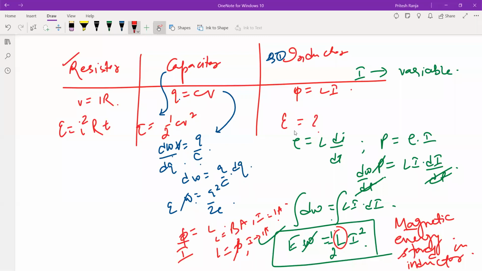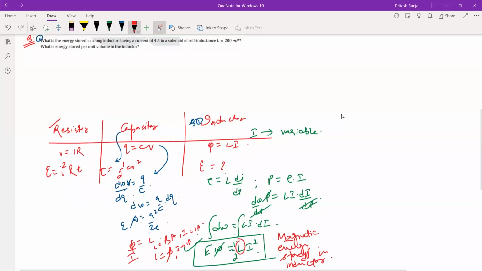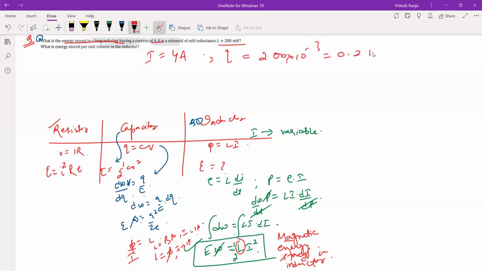If we use this, we can write the proof of self-inductance stored in an inductor. Let us use this. Now it says, energy stored in a long inductor having current, what is the current? 4 amperes. Self-inductance, that is L, is 200 millihenry, that is 0.2 Henry.